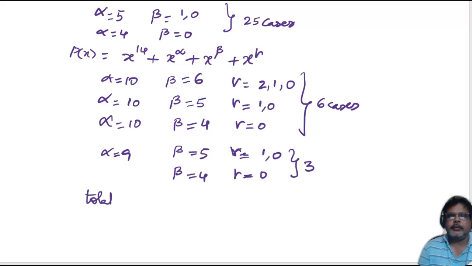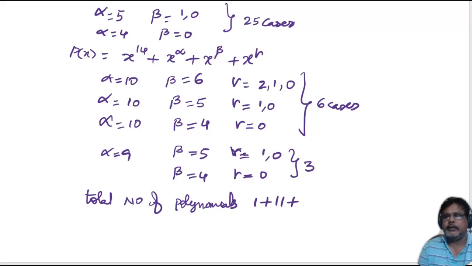So the total number of polynomials that you are having: 1 plus 11 plus 25 plus 6 plus 3 plus 1, so in total we get 50 cases.